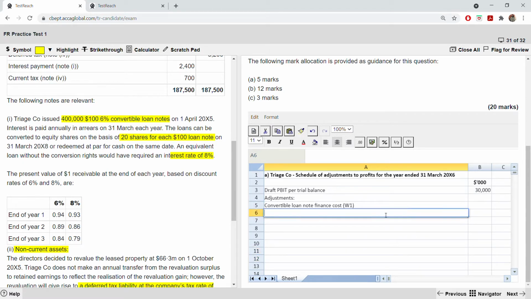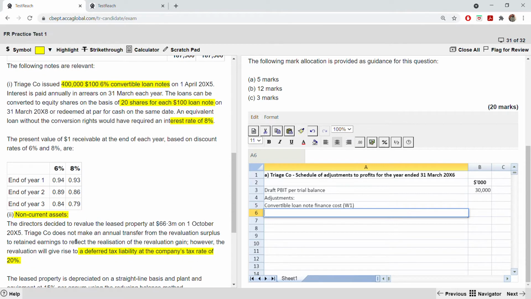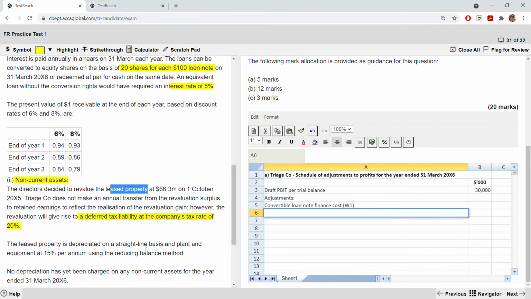Okay, what is the next item? The next item is from your working 2. It is about non-current assets. In non-current assets, we have two things: one is leased property, and the other one is plant and equipment. So we have amortization of leased property.